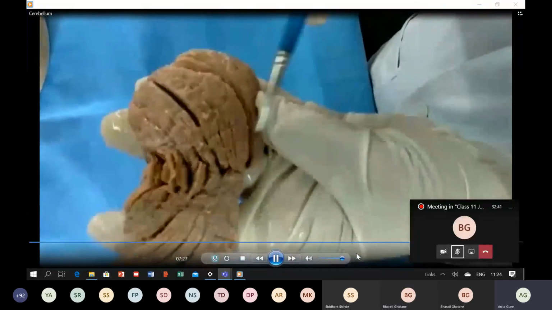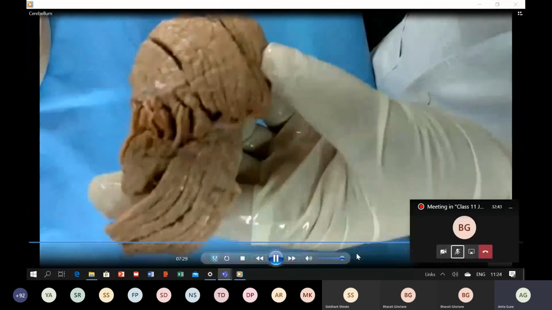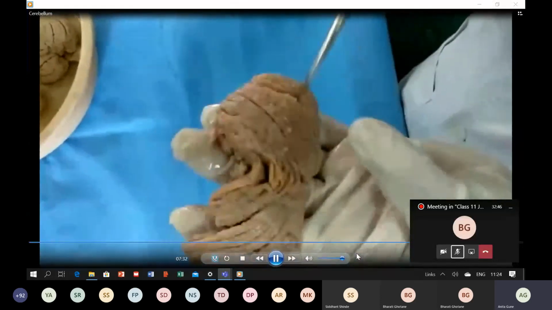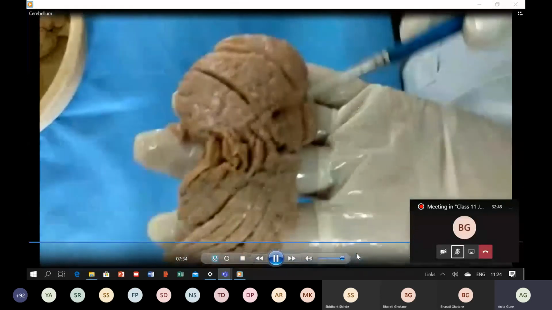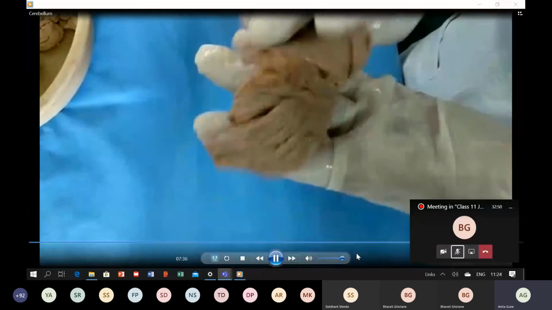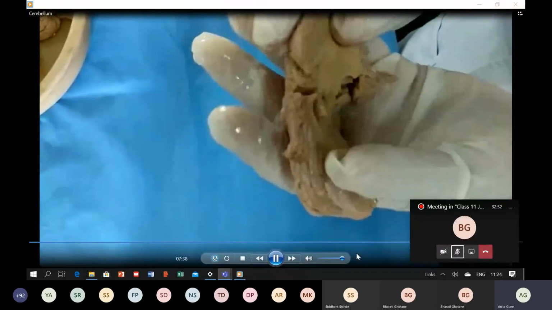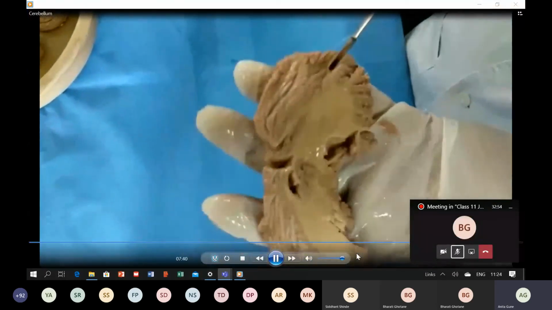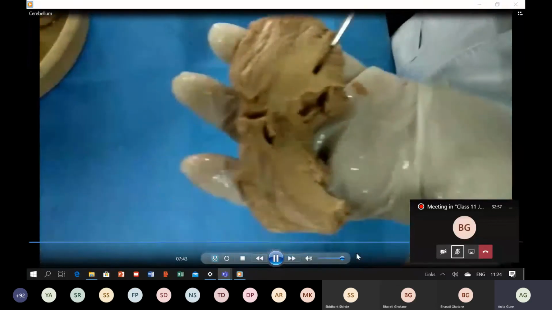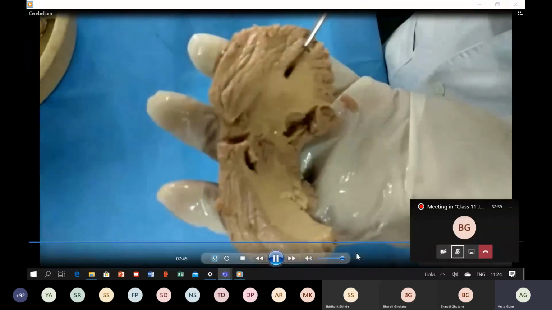Here you can see on the right side the transverse fissure, and this is the superior surface of the posterior lobe. It is cut open to show you the gross internal structure.